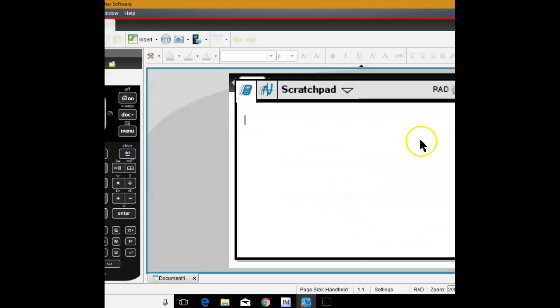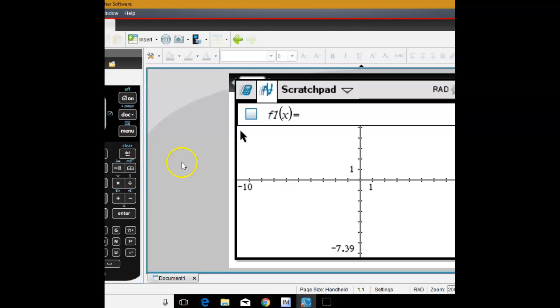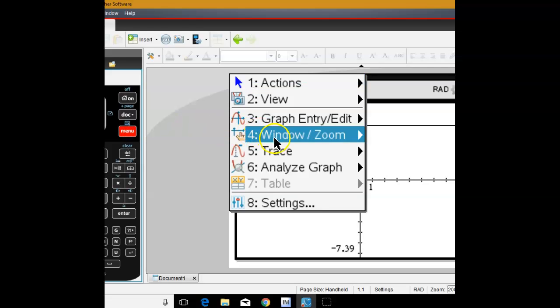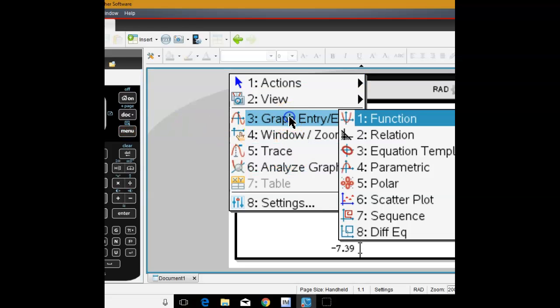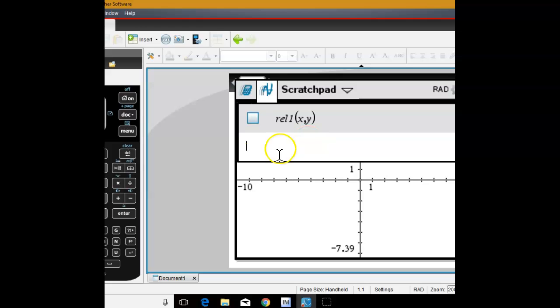Okay, so our graph, first one is x plus 2y is equal to 2. So that's y is equal to, actually let me do this. So menu, graph, relation. So x plus 2y equals 2.